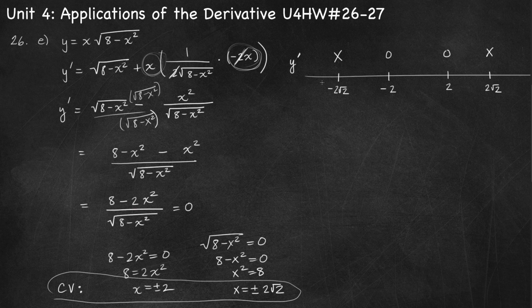The first test point I'm going to choose is negative 100. So I'm going to go back to my derivative equation, and I'm going to choose the one where I had simplified it the most. So right here, I'm going to substitute my test points into this equation to see whether my derivative is positive or negative. At negative 100, I have 8 minus 2 times negative 100 squared. That's going to be negative.